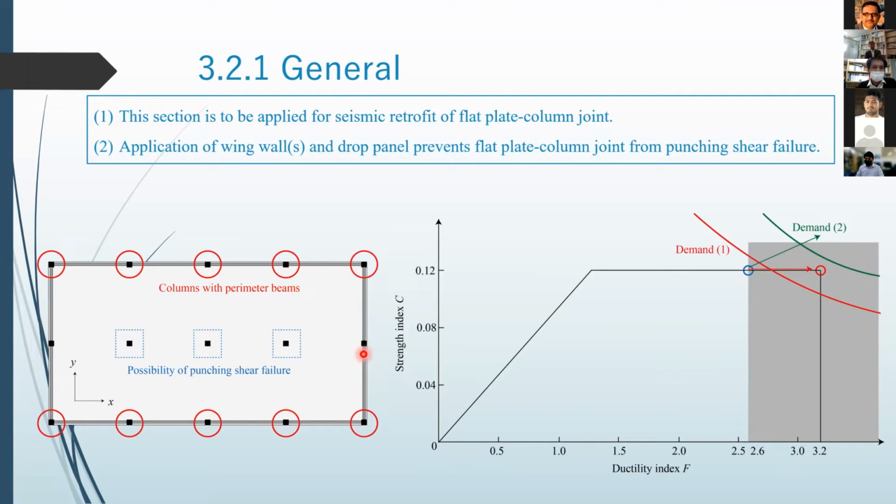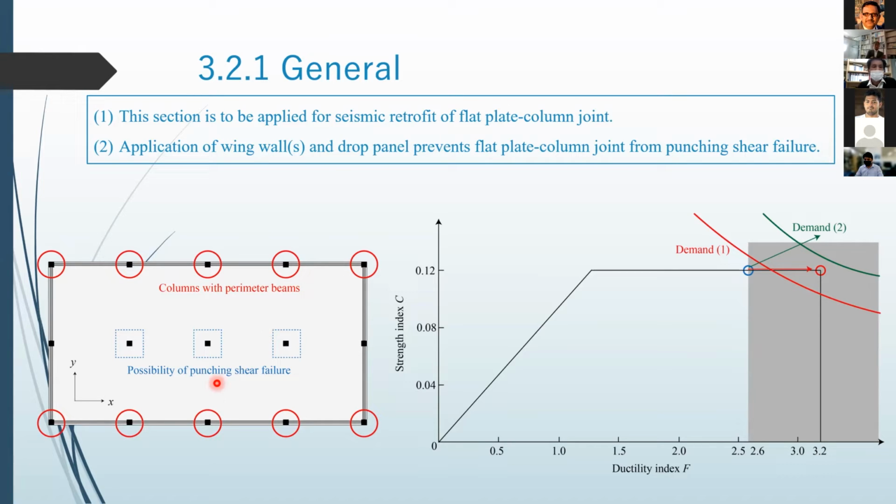This column is also connected to a beam, but only in the Y direction. So for the seismic evaluation in the X direction, we neglect this column, and also these three interior columns because they are not connected to beams.